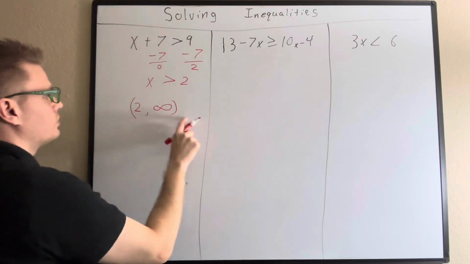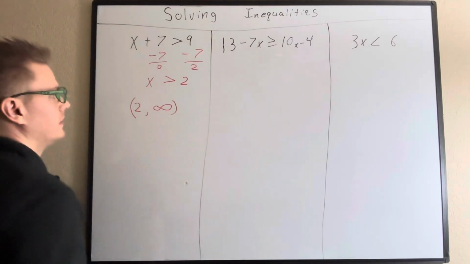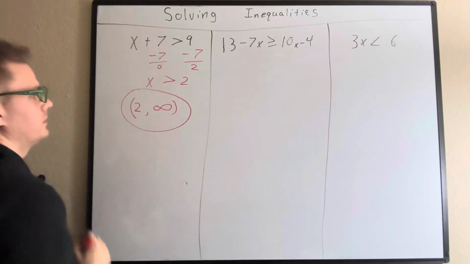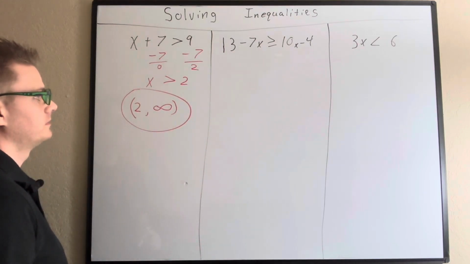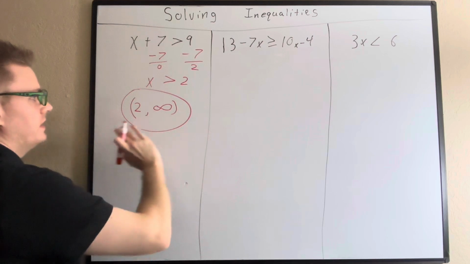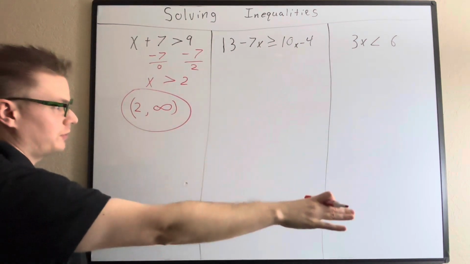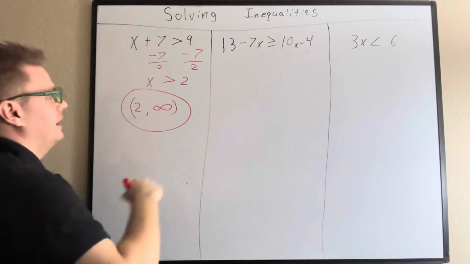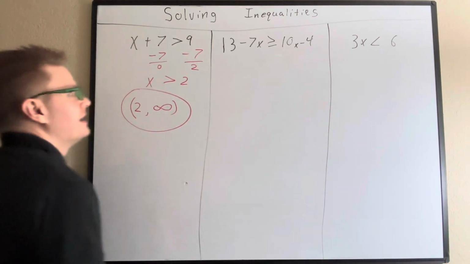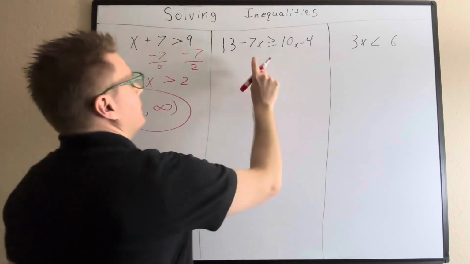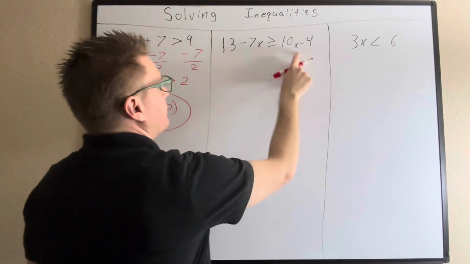So there is your answer: all the numbers greater than 2. 2.000000001, and all the numbers greater than that, but not including 2.